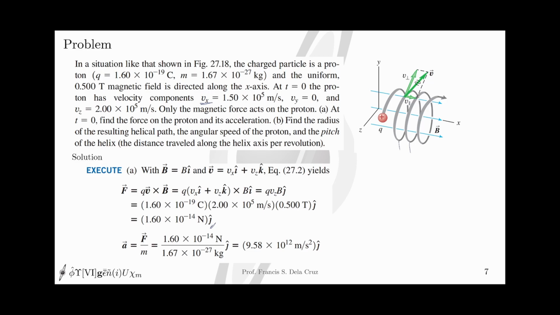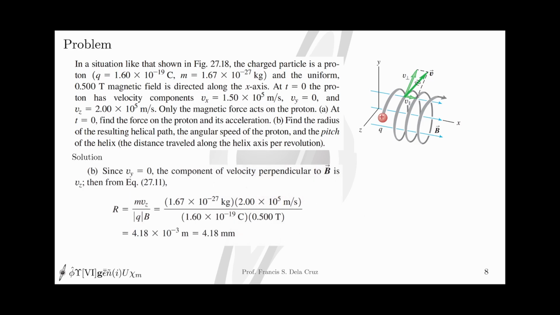That is the premise of Newton's second law: the direction of the force is the direction of the acceleration and vice versa. The object will accelerate along the direction of the force. So that's our first answer, the force and the acceleration.